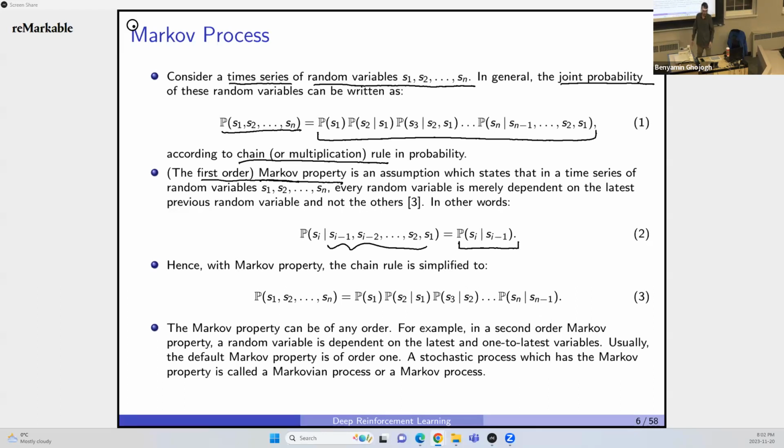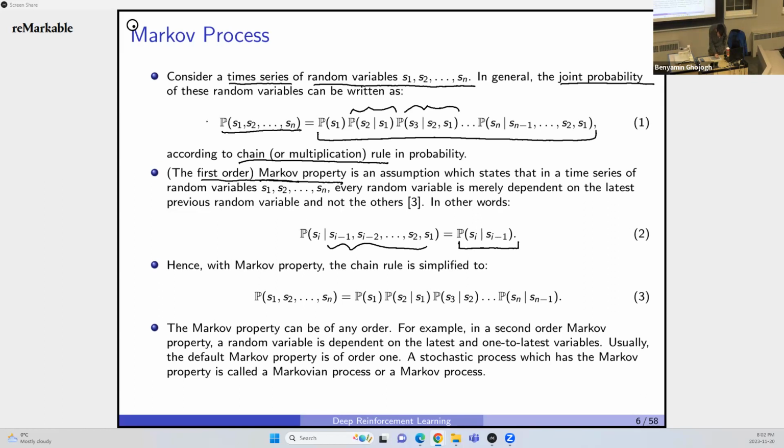What do I mean by encapsulating information? Whenever I say probability of S2 given S1, I'm encapsulating the information of S1 in S2. So for this one, I only can condition on S2. Of course, it's approximated. It's not exact. But this approximation is good enough. Okay? Did you get it?